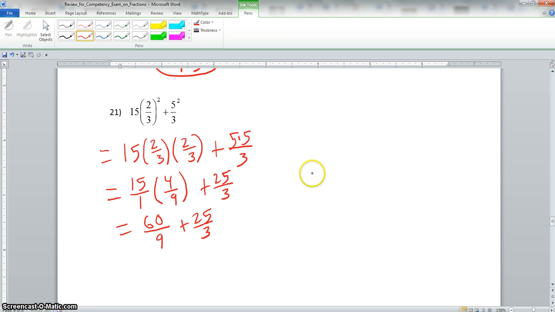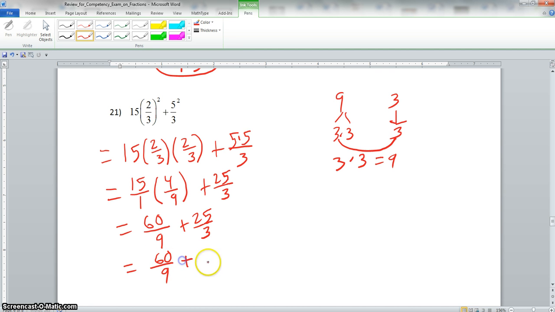Now, we can find a common denominator of 9 and 3. 9 breaks down to 3 times 3, and 3 is already prime. We have one set of 3's that match up. We write it once, and we have an extra 3 here. So our common denominator is 9. Since this already has a denominator of 9, we could bring down the 60 over 9.